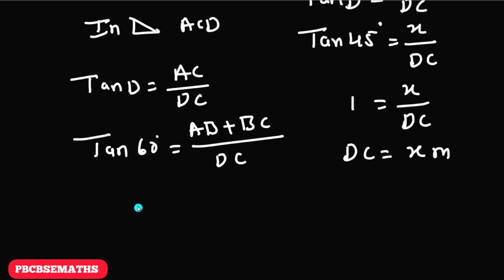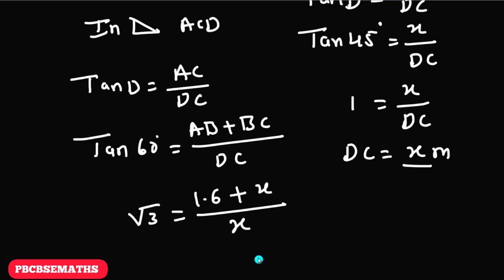We know that the value of tan 60 degrees is always equal to root 3. So root 3 is equal to the value of AB, which is 1.6 meter, plus the value of BC as x meter, whole divided by the value of DC, which we just got as x meter. Now let's go for the cross multiplication. Then we have root 3 into x is equal to 1.6 plus x.